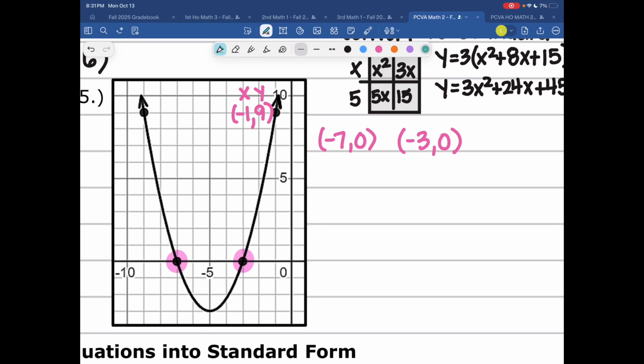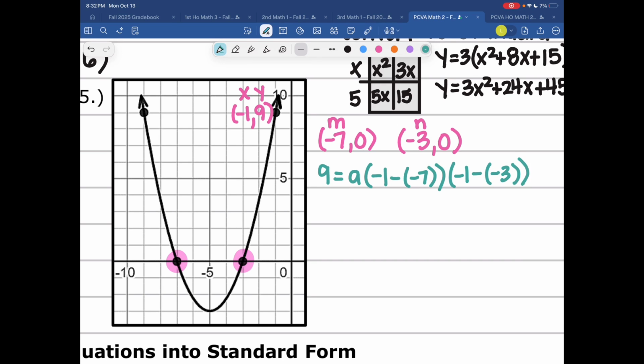So we know that we have a y value of 9. That equals a. And then we have an x value of -1 minus -7, which is my m. So again, just to be clear, this is my m, this is my n, because those are where it crosses the x-axis. And then we have -1 minus -3.